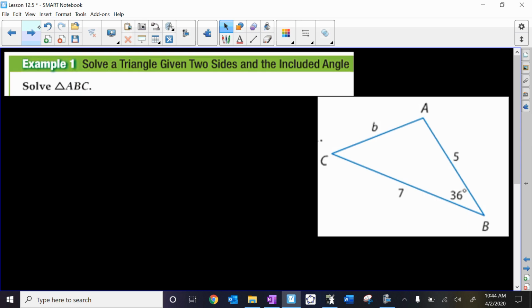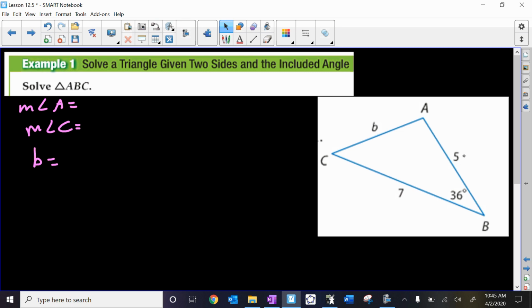So let's look at a problem on here. We're still solving the triangle, so I want to find all the missing parts with finding the measure of angle A, the measure of angle C, and side length B. You can see in here how we have a side angle side relationship. I have a side length of 7, the angle measure in the middle, and another side length.